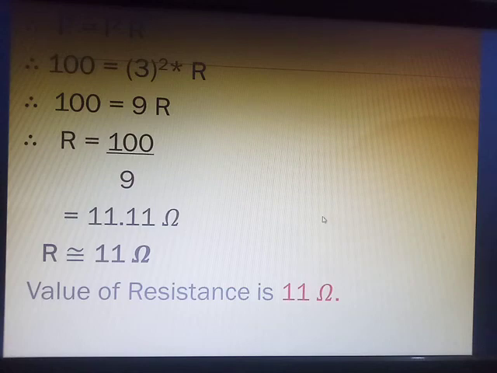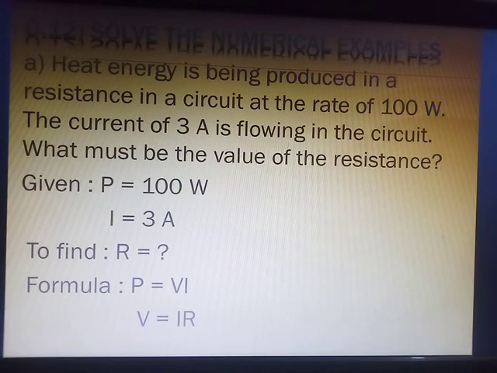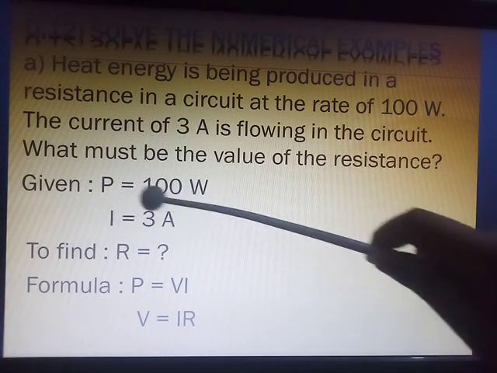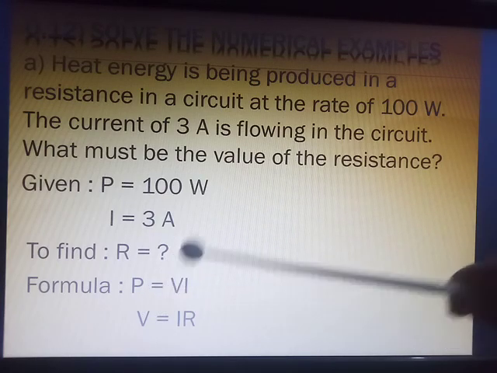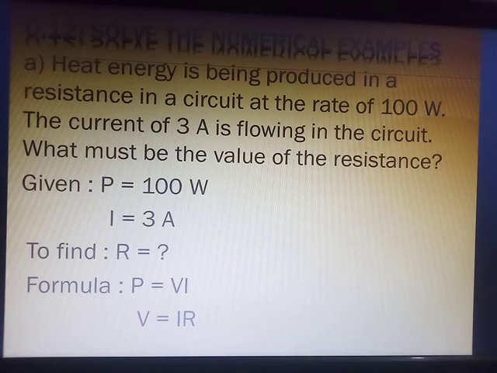Once again, I revise the entire sum for you. Power is given as 100 watts. First thing you will write. So I expect all of you to write along with me. Power you will write P is equal to 100 watts. Current is equal to I, that is 3 amperes. To find the value of R, formula which you are going to use, P is equal to VI. In place of V, you will write V is equal to IR.